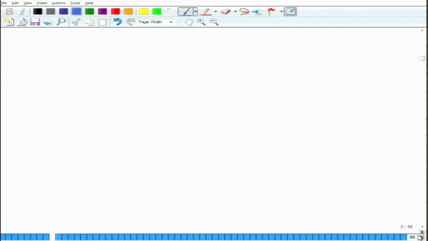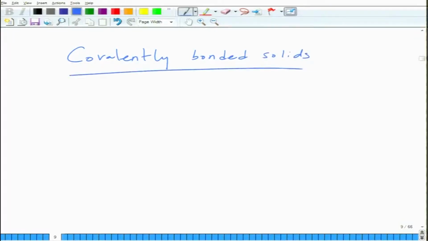As a result, covalent materials also have similar characteristics. Covalently bonded solids have high Tm, high E, which is basically elastic modulus, and low alpha, coefficient of thermal expansion, okay.